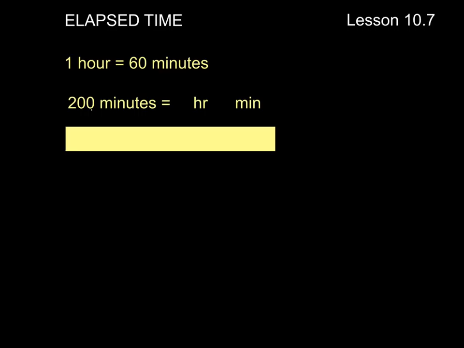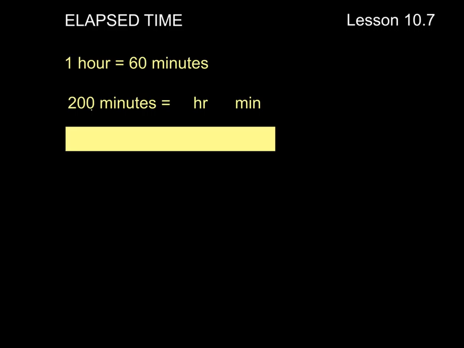We know that 1 hour is equal to 60 minutes, so if we were to convert 200 minutes into hours, then we would consider converting a smaller unit to a larger unit.